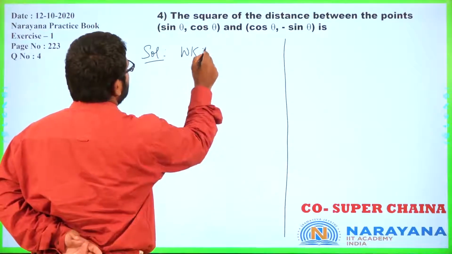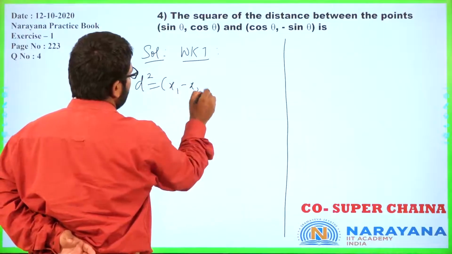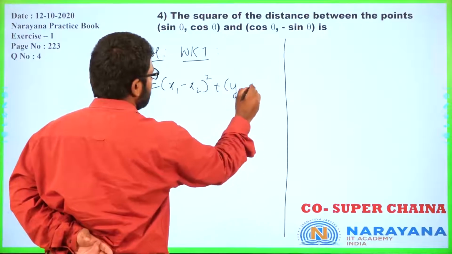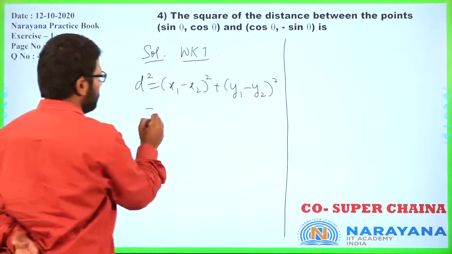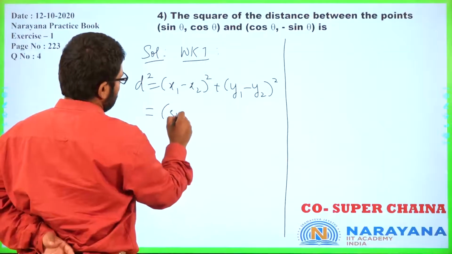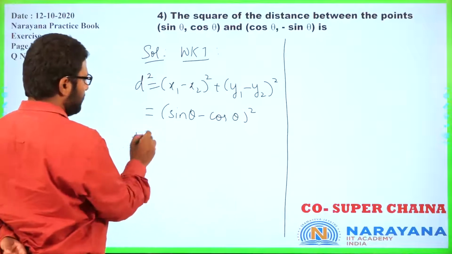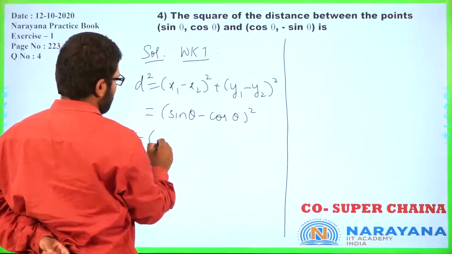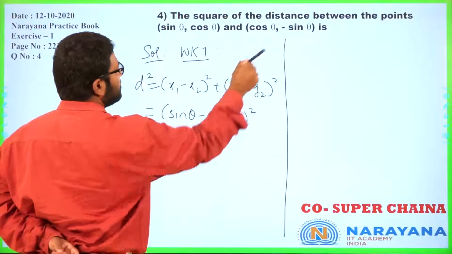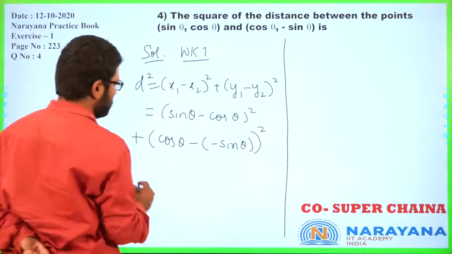We know that d square is x1 minus x2 the whole square plus y1 minus y2 the whole square. So x1 minus x2 the whole square is sin theta minus cos theta the whole square, plus y1 minus y2 the whole square would be cos theta minus sin theta the whole square.